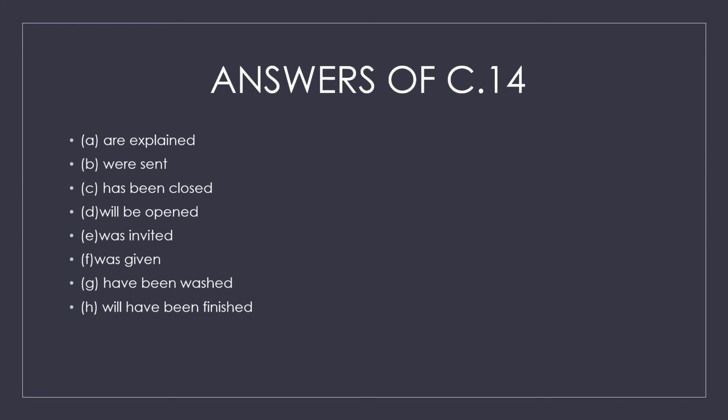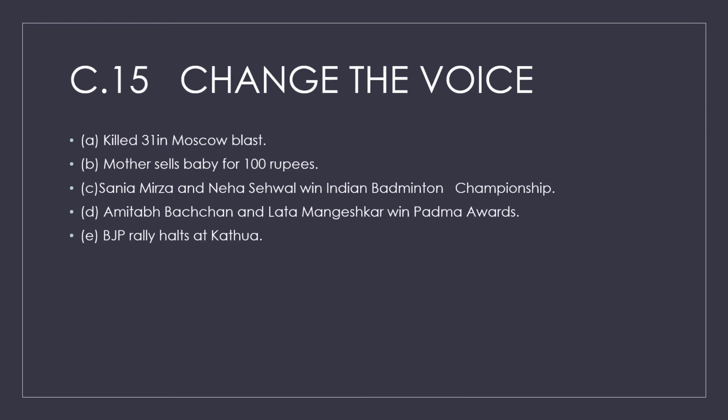Have you got them so far? Now the next four: was invited, was given, have been washed, will have been finished. Got all the answers? The last two are a bit difficult, but the others are quite easy.